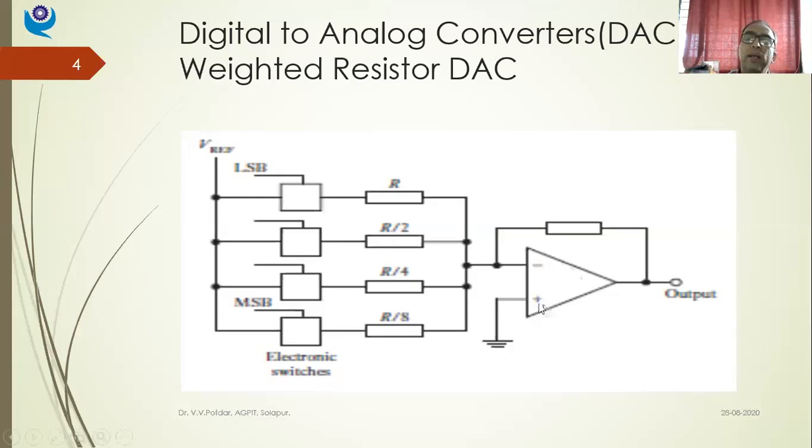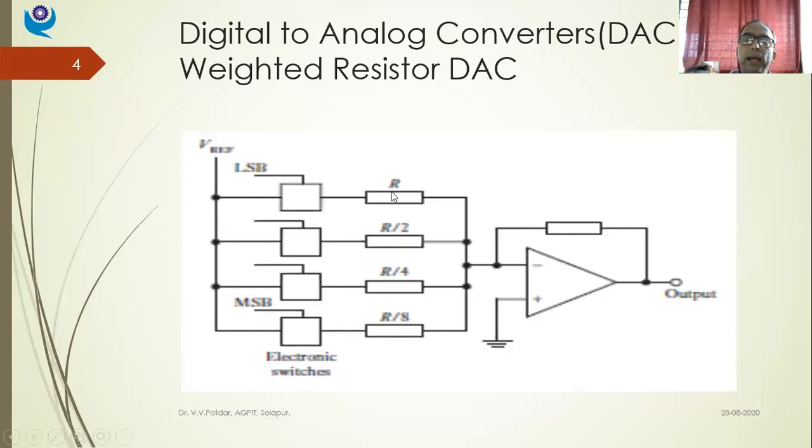The non-inverting terminal is grounded and the inverting terminal is connected. So we have this feedback loop, one resistance in the feedback loop. This is a typical arrangement of an operational amplifier. And the inverting terminal of the op-amp is connected to the reference voltage.